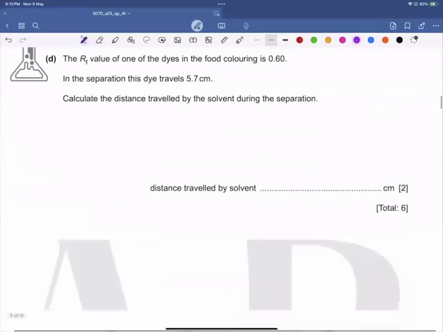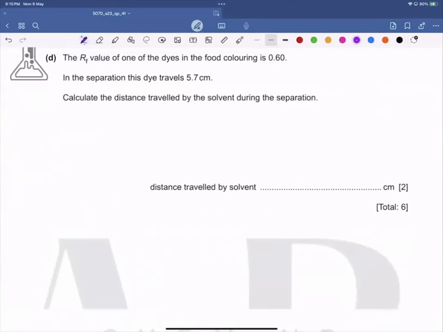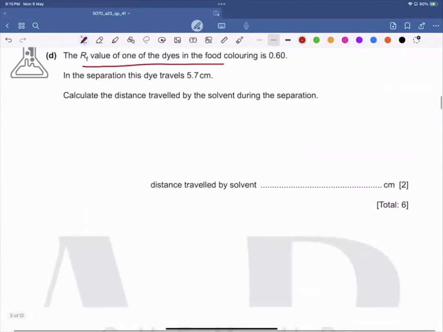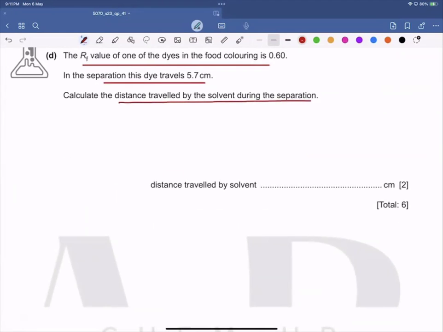Okay. Now, the RF value of one of the dyes in the food coloring is 0.6 and the separation this travels 5.7 centimeter. Calculate the distance traveled by the solvent during the separation. The RF value equals the distance traveled by the dye over the distance traveled by the solvent, right?